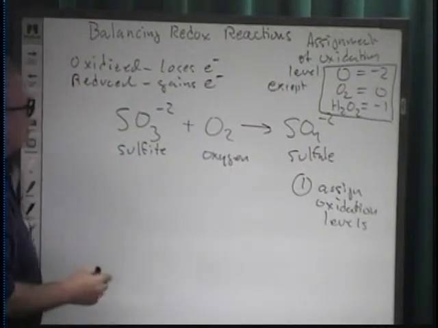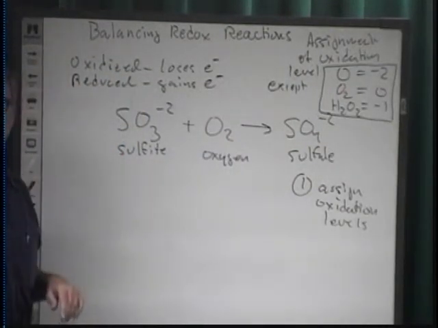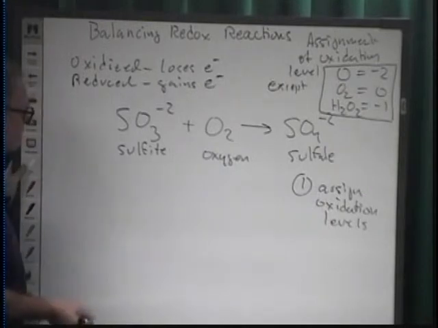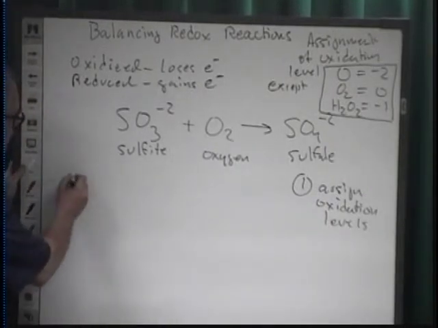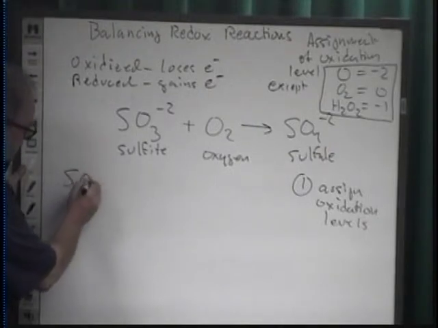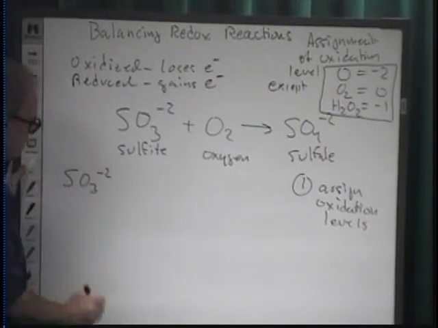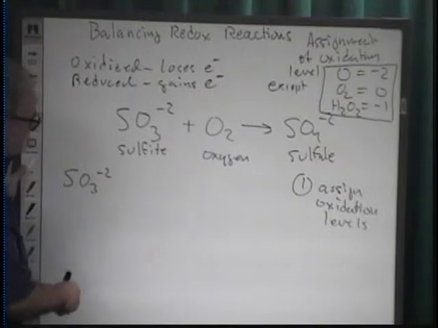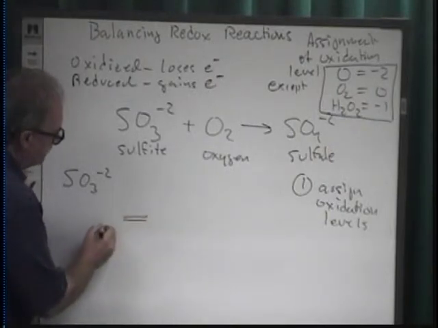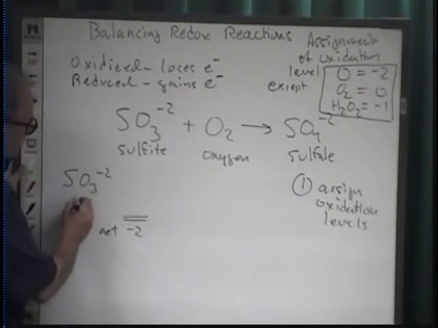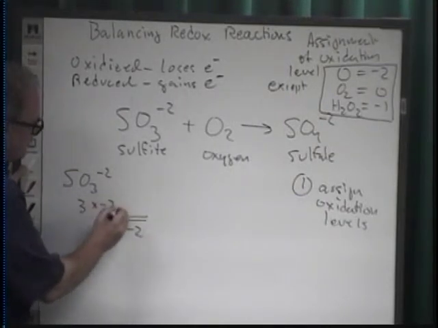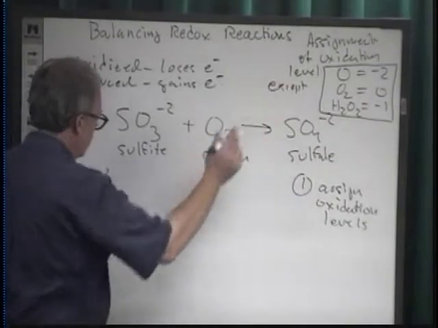Okay? And that allows us to determine the oxidation level of the sulfur in the sulfite and the sulfate. So in the case of sulfite, the net charge on the ion is -2. We have 3 oxygens, and each of them has an oxidation level of -2.